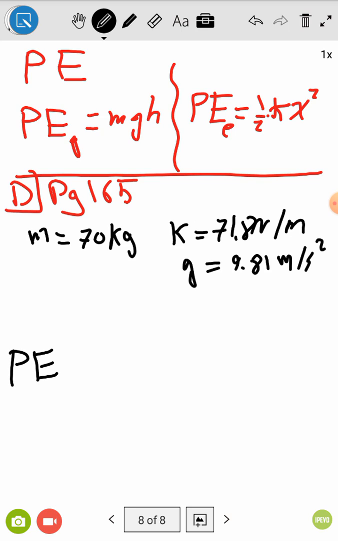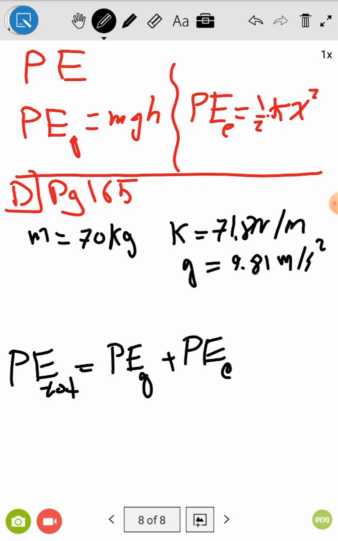The total potential energy equals the gravitational potential energy plus the elastic potential energy. The most important things in this equation are to find x and h.